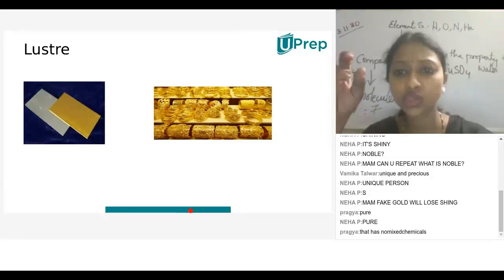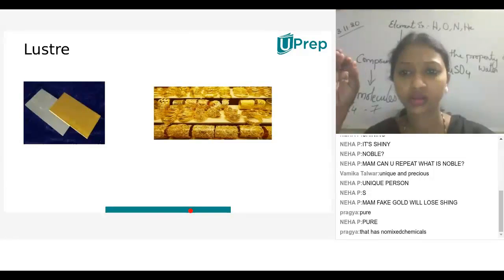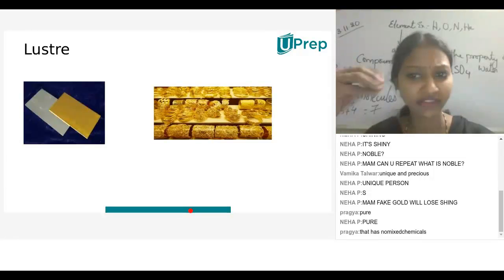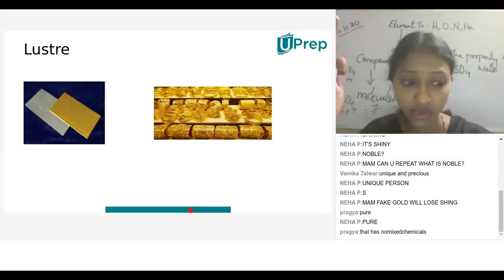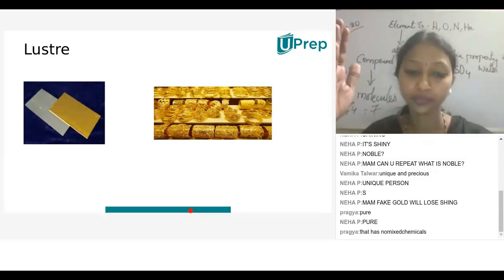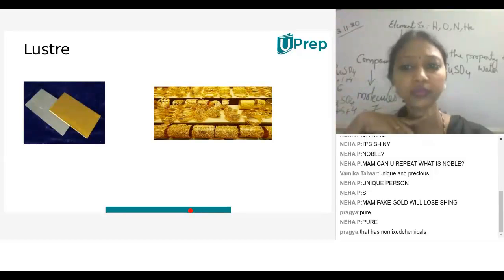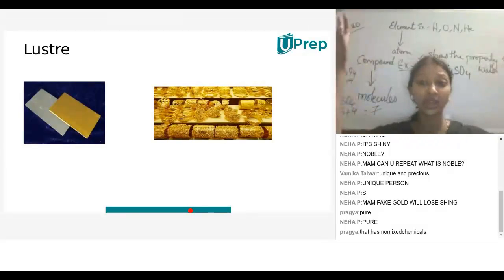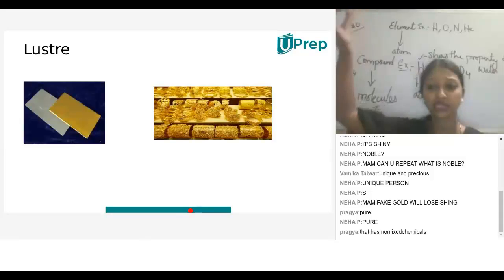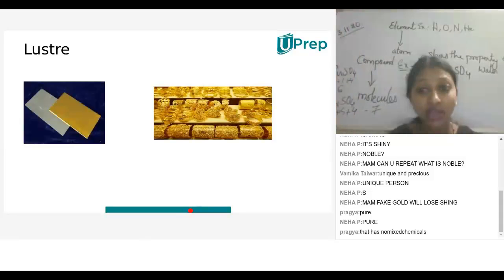Their properties are also retained. They don't show any different properties. A compound needs to have a fixed proportion. For example, water. There are many hydrogen atoms present around it, but to form water naturally, it takes only 2 atoms of hydrogen and 1 atom of oxygen.